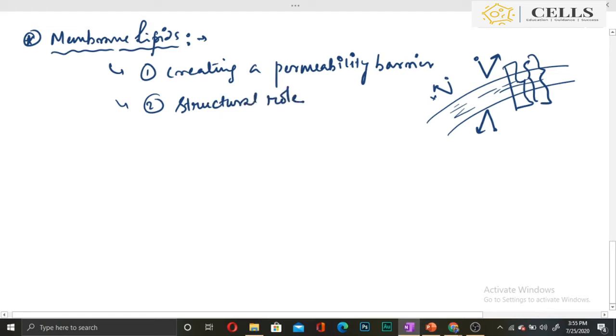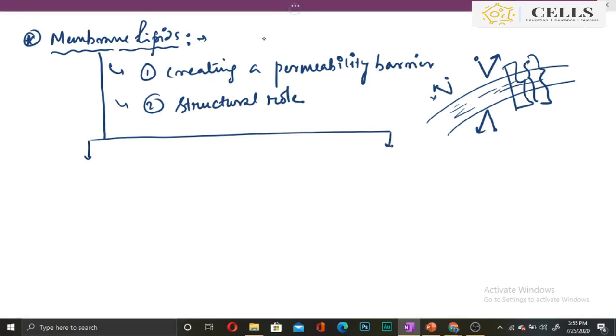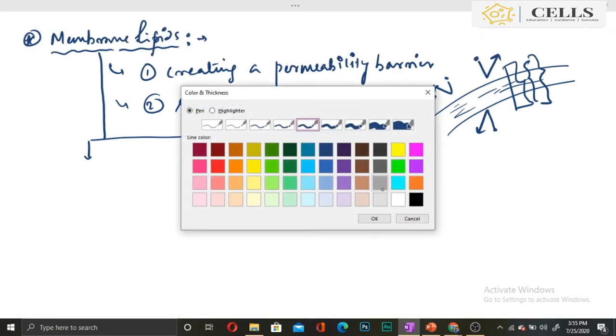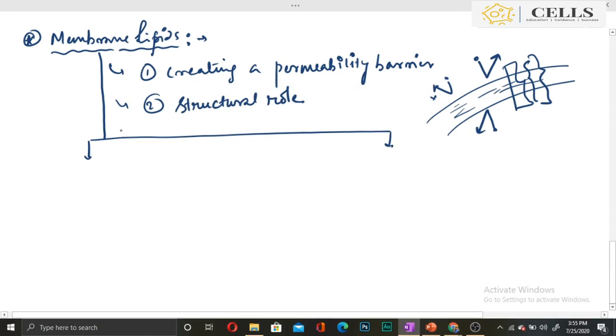Cool. Very good. Now, we will classify these membrane lipids into two sections. What are they? One is glycerol based membrane lipids.